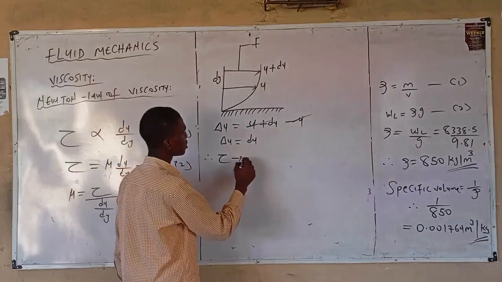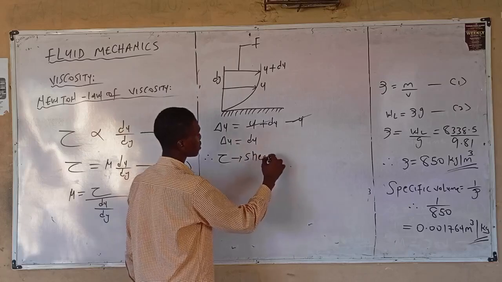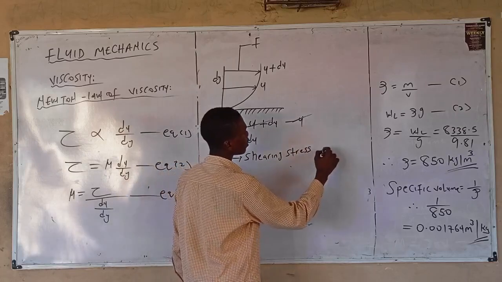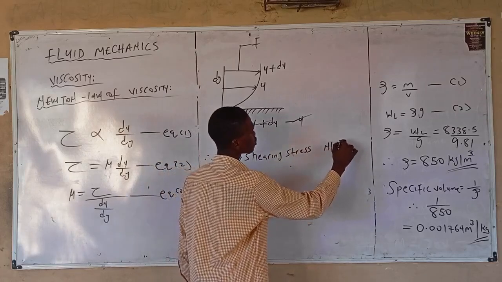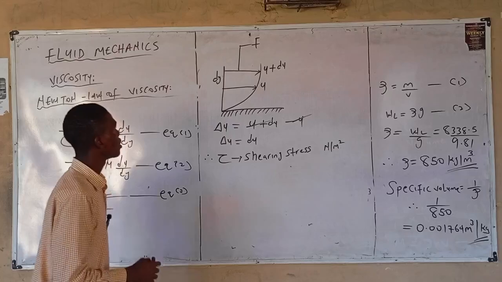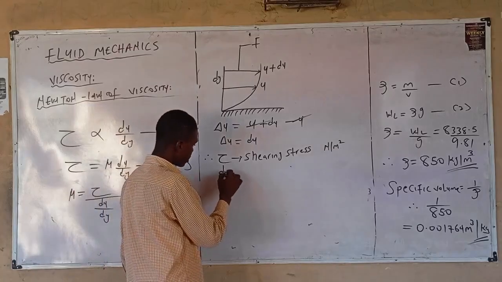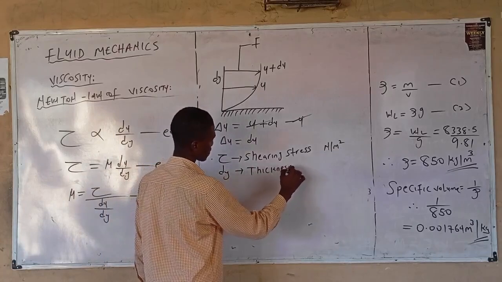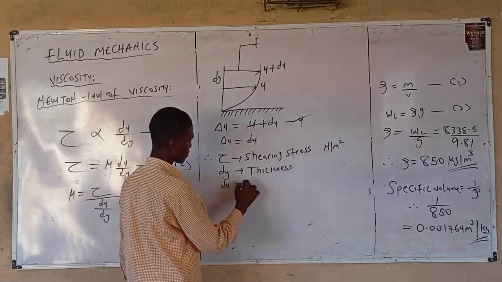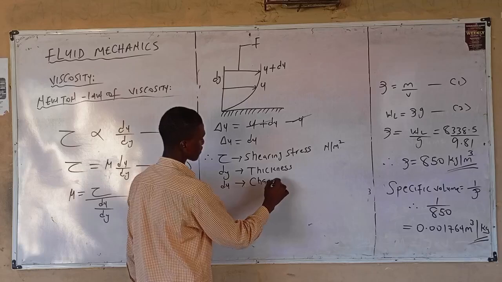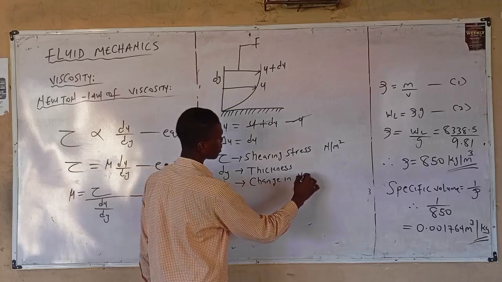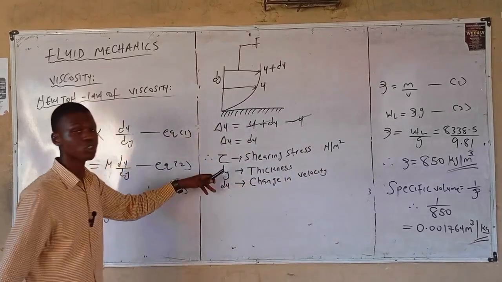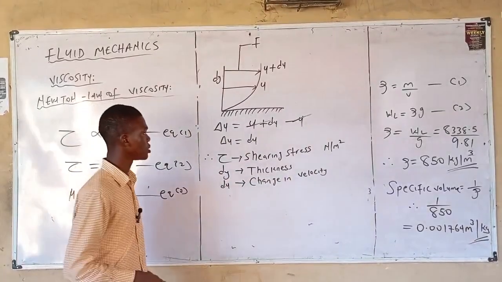Shear stress is the shearing stress, and the unit is Newton per meter square. dy is the thickness. The ratio of du to dy will give us the velocity gradient.